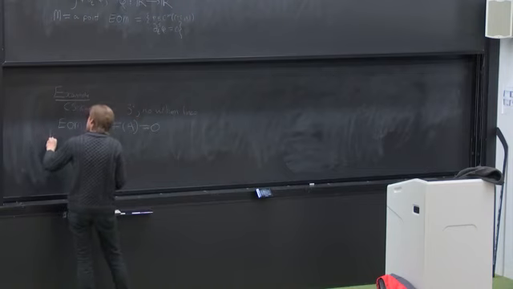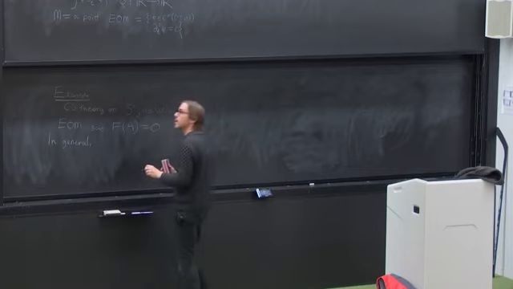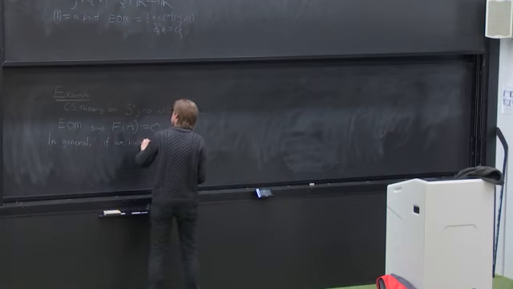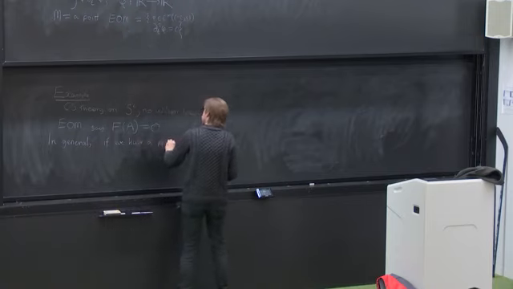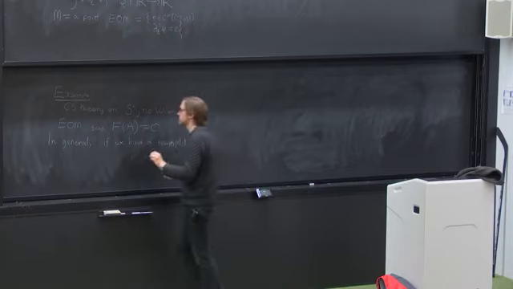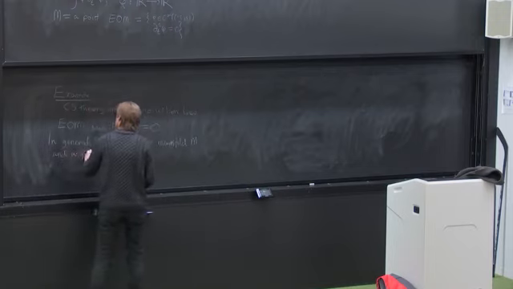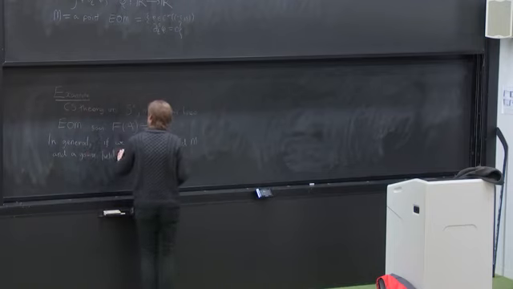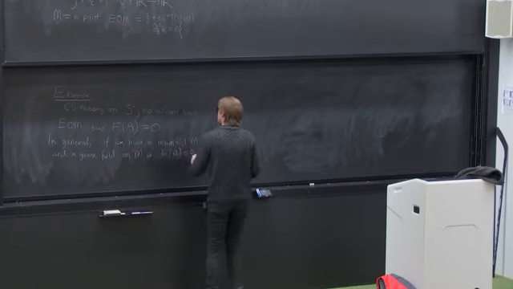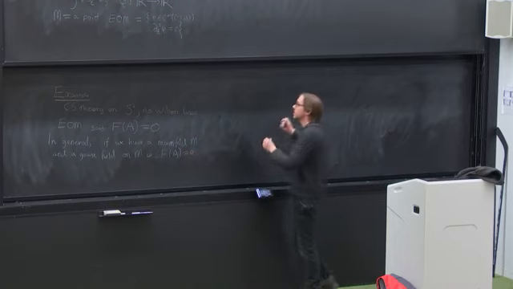So in general, if we have a manifold M and a gauge field on M with F(A) equal to 0, I want to explain a general result about describing the set of such things.